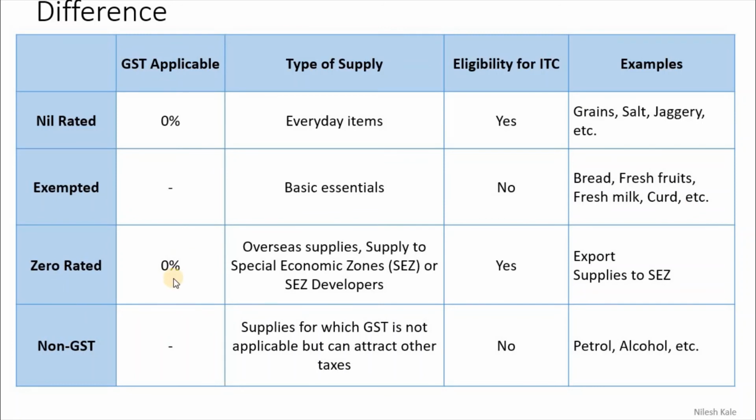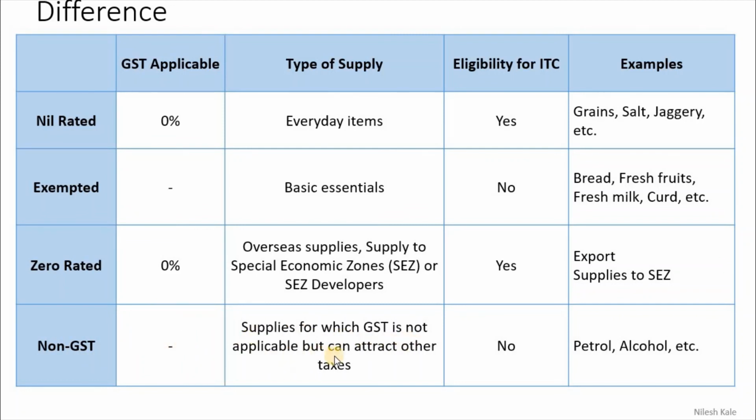Zero rated, 0%. Overseas supplies like exports itself, supply to SEZ or SEZ developer. Eligibility for ITC, yes. And the examples are export, supplies to SEZ unit or SEZ developer. Non-GST do not attract GST.